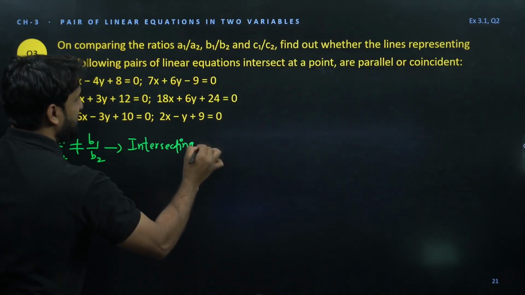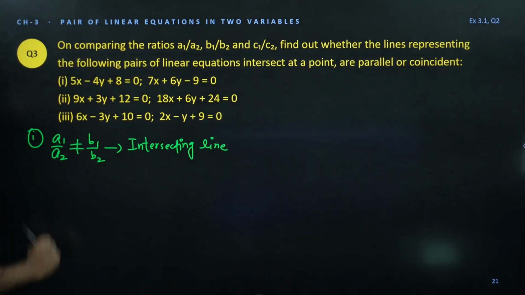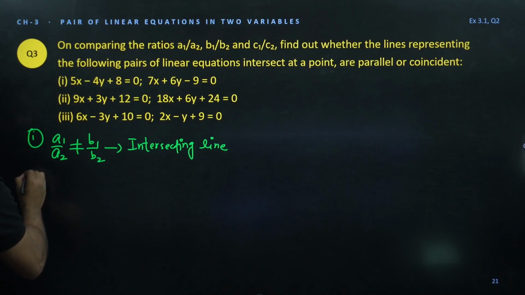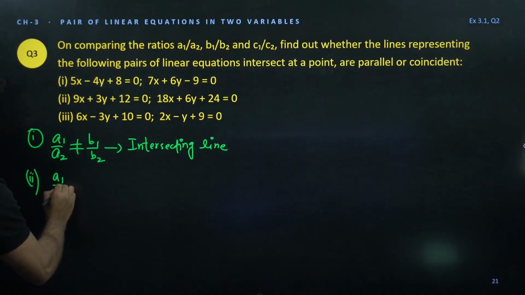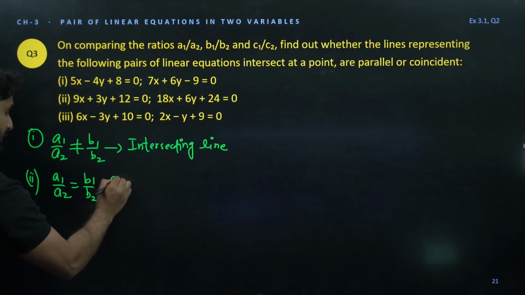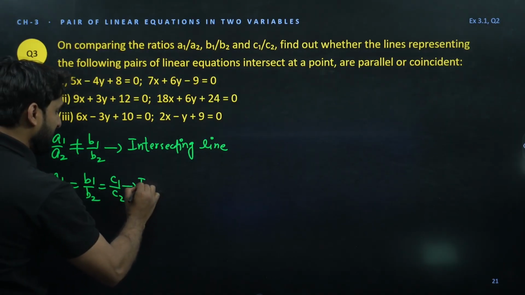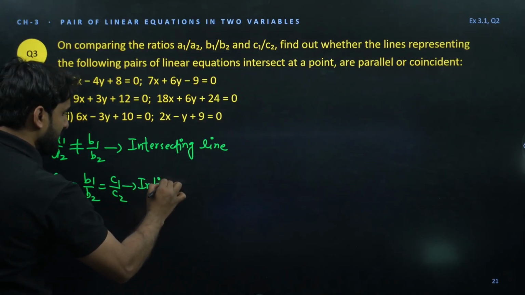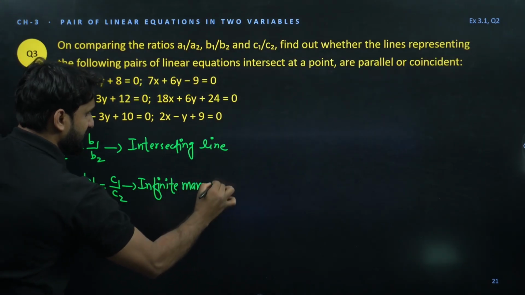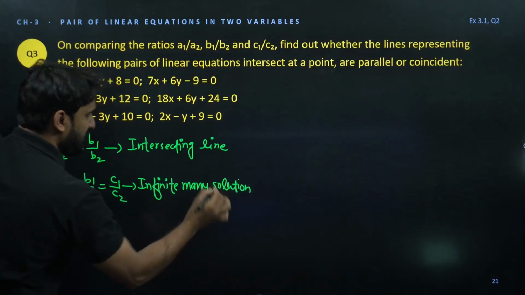Right, champions? So please make sure that when A1 by A2 is not equal to B1 by B2, the lines will be intersecting. The second possibility is if A1 by A2 is equal to B1 by B2 and it is also equal to C1 by C2, it means that there will be infinitely many solutions.